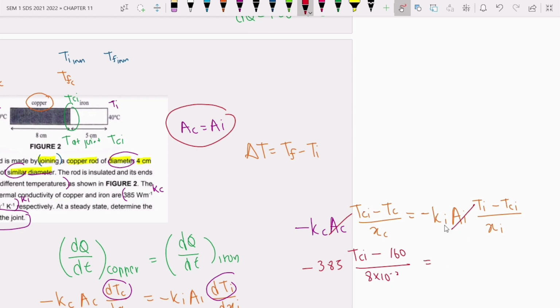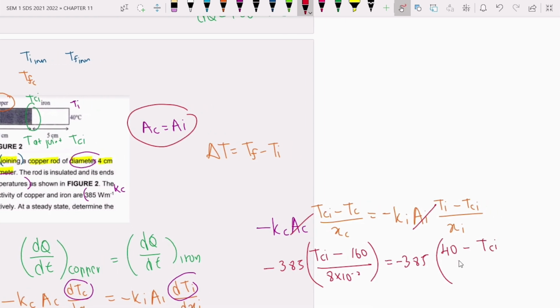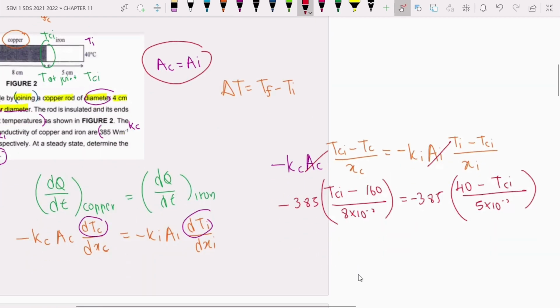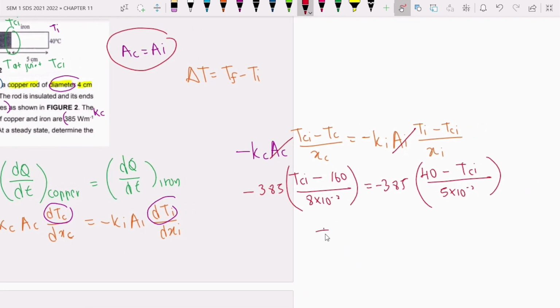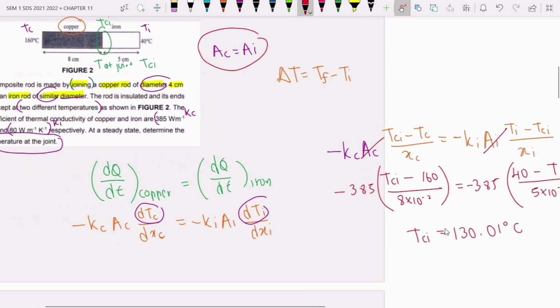So equals thermal conductivity of iron, which is 385, and then the temperature of iron at the end of the rod is 40, minus the temperature at the joint, temperature of copper iron, and also the length of the iron, which is 5 centimeters, which we change into meters. So you rearrange this equation and press your calculator, you will get the temperature at the joint is 130.01 degrees Celsius. Yes, that's all.